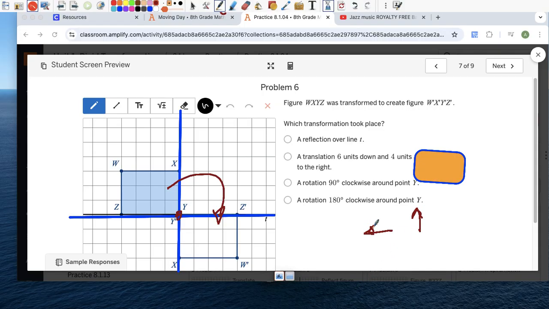Rotate the beginning arrow 180 degrees clockwise, it would be that. So rotating 180 degrees turns out to be this way around the point Y. So the last one does work.